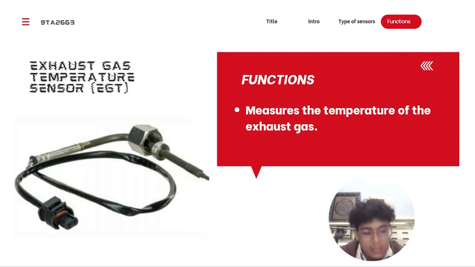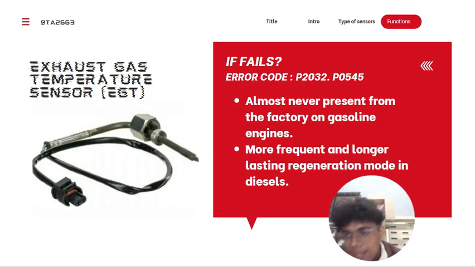The other location is also going to be after the DPF, or diesel particulate filter, to verify if the DPF is doing its job. Exhaust gas temperature sensors are very rarely present from the factory on gasoline engines, so they really are not a very common system to discuss.